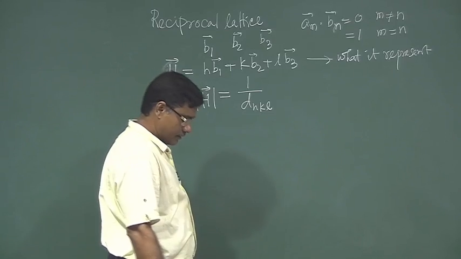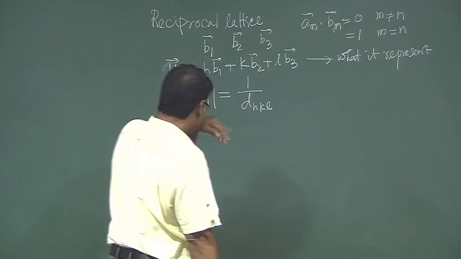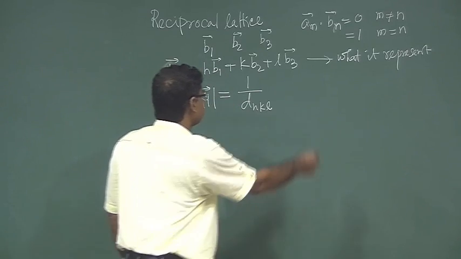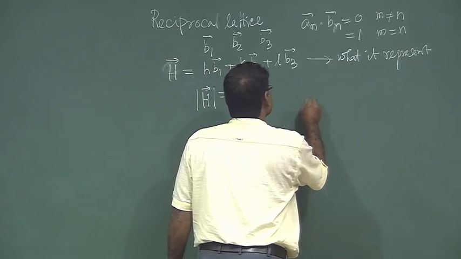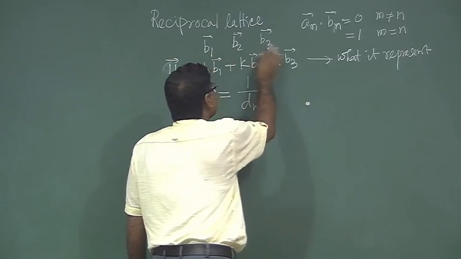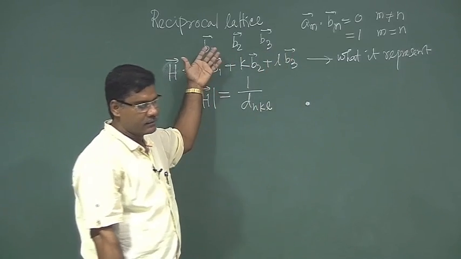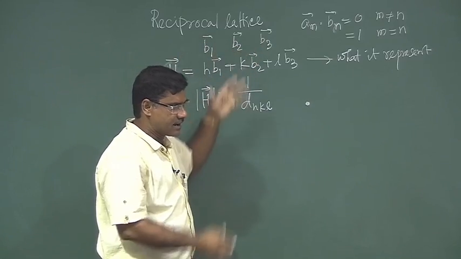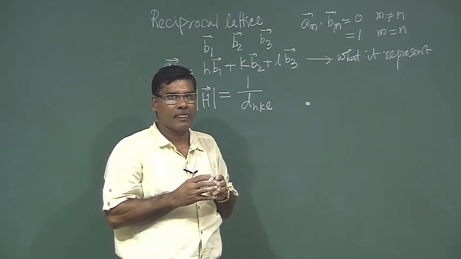And then, another thing it represents: from this B1, B2, B3 axis system, it has an origin.